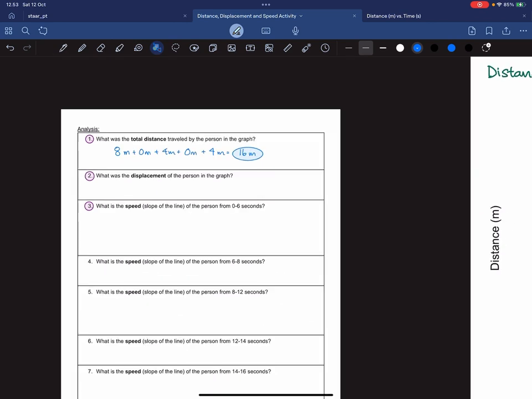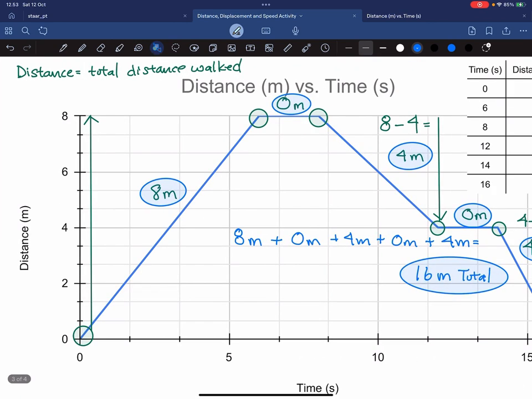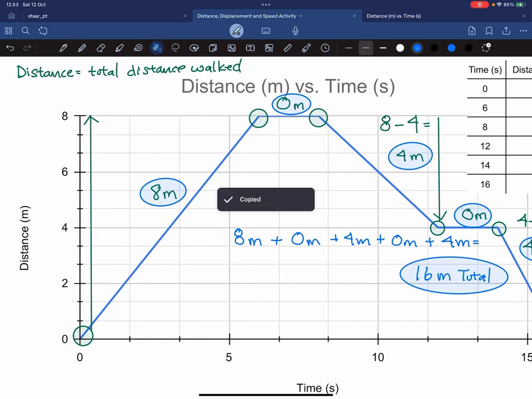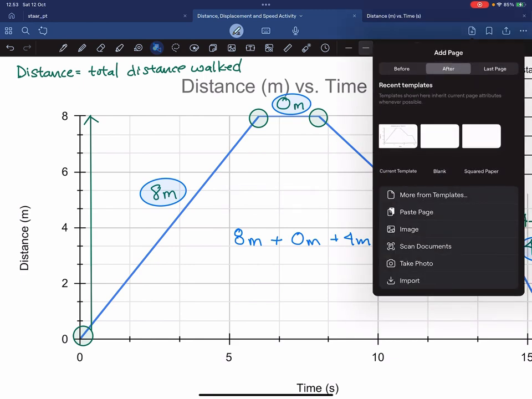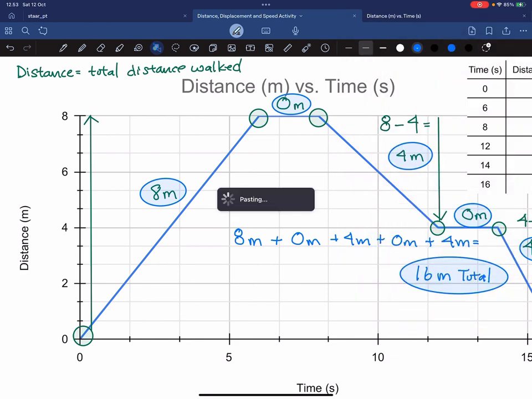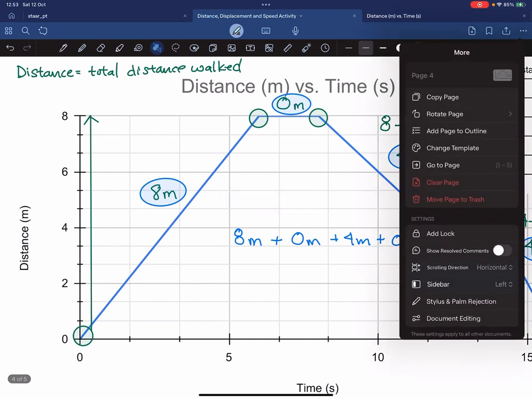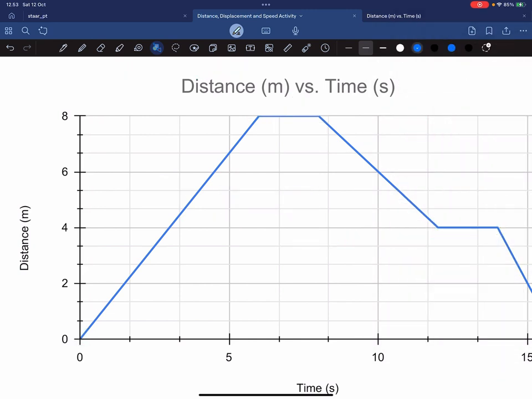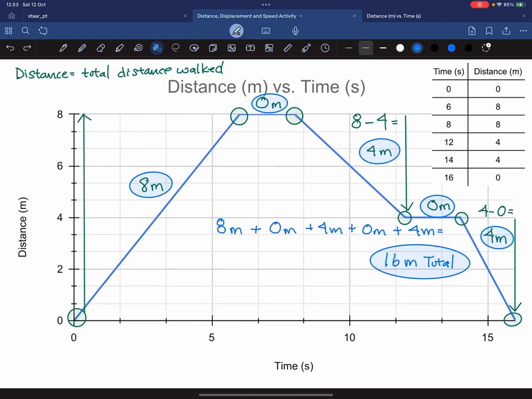Now, displacement is different. Okay, I'm going to make a copy of this so that I can do it on a clean sheet. And then I will simply erase. All right.